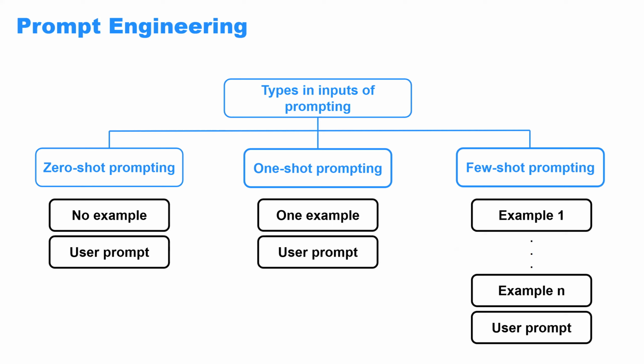We just write our simple short user prompt. However, it doesn't work great for smaller models. We can show models some examples. If we show one example, it is called one-shot prompting. If we give more examples, it is few-shot prompting.